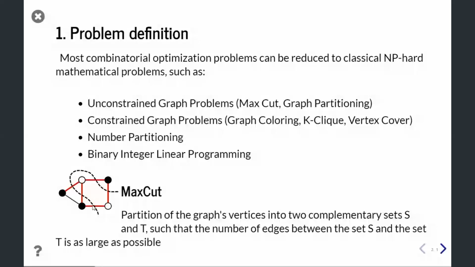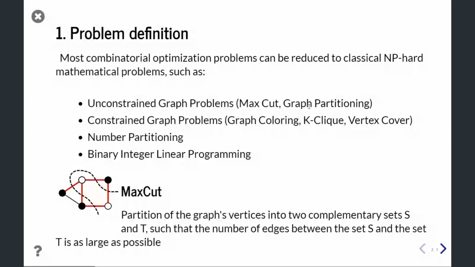You cannot do a brute force resolution because it would be too time consuming. This is what quantum computing is all about: it provides a way to optimize the finding of approximate solutions. MaxCut is an example.